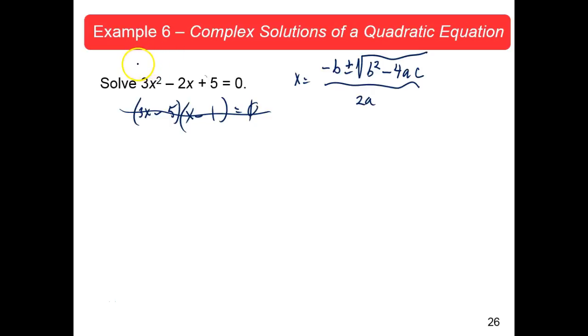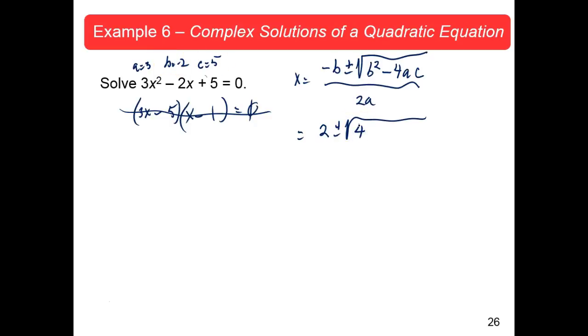Help me. a is your 3. b is -2. c is 5. So let's plug them in. Minus a -2 is 2, plus or minus the square root of, and what's b squared is +4.